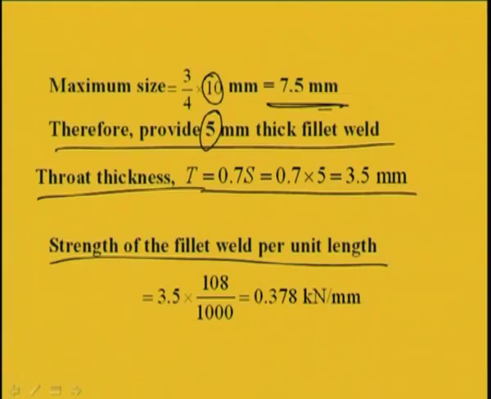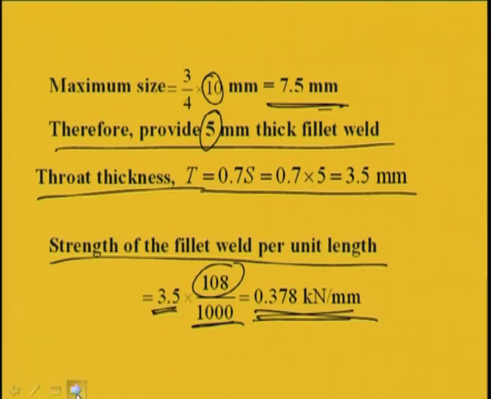So 0.7 into 5 becomes 3.5 millimeter. Now the strength of the fillet weld per unit length is 3.5 into 108. 108 MPa is the permissible stress in the fillet weld, and we divide by 1000 to make it kilonewton. So this becomes 0.378 kilonewton per millimeter. So the strength of the fillet weld per unit length has been found.